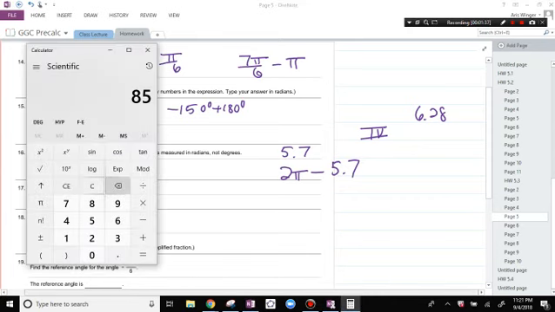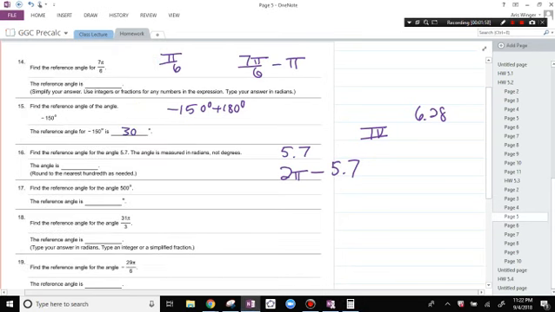So 2 times pi minus 5.7 is 0.58. I think it's round to the nearest hundredth. 0.58.